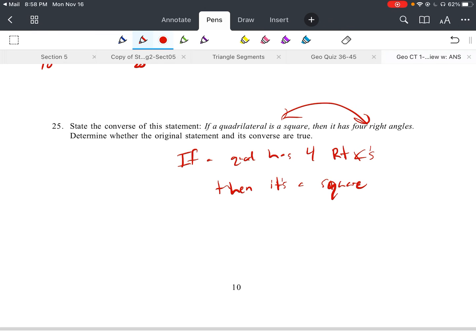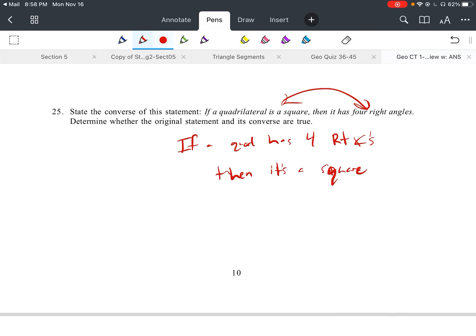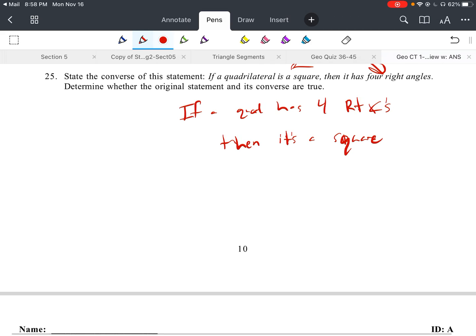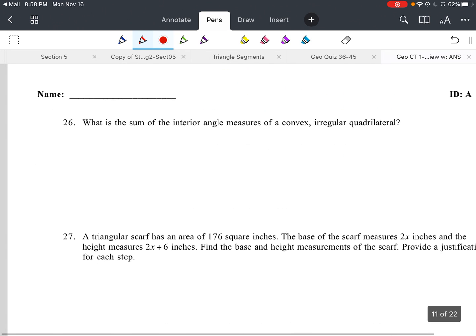Okay, now this is just silly because rectangles would be a counterexample of something that has 4 right angles but is not a square. So the converse is false, but the original statement is true because all squares have 4 right angles. Okay, so original statement you could say is true. Converse, false. Good stuff.